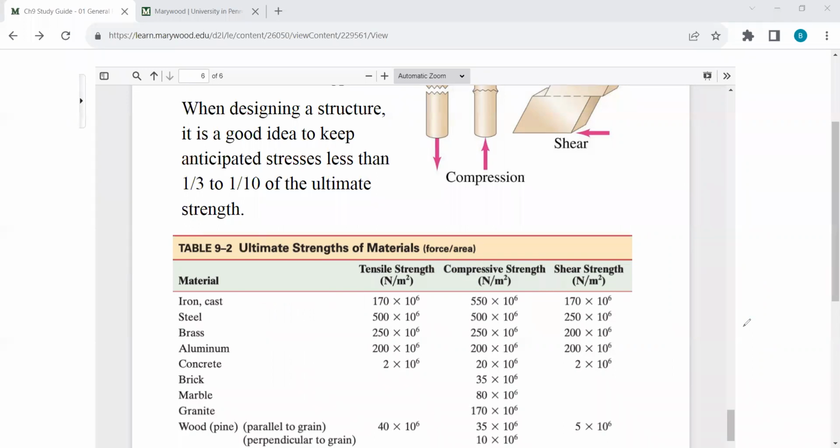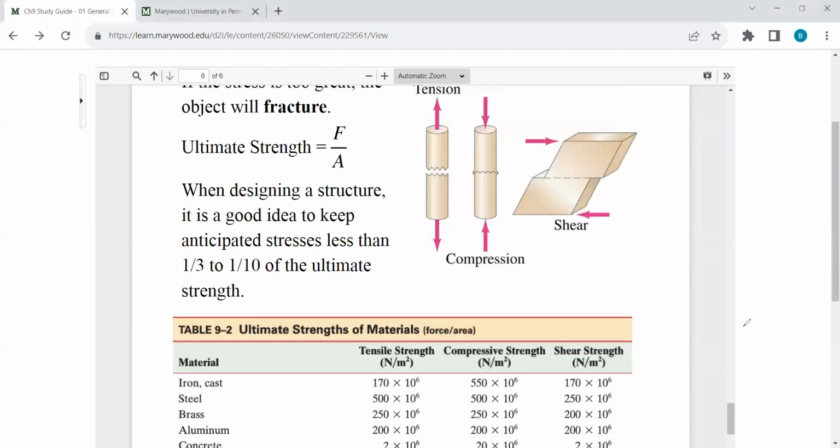So ultimate strength means at that point the object will reach the point where it breaks. Now when we design a structure, for students who are architecture or engineering majors, you should keep in mind that the anticipated stress should be less than 1/3 to 1/10 of the ultimate strength.